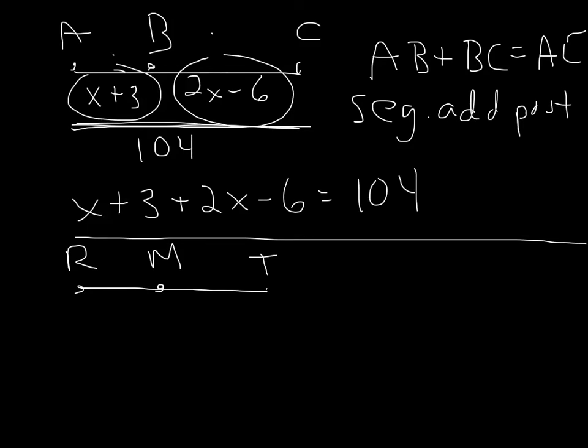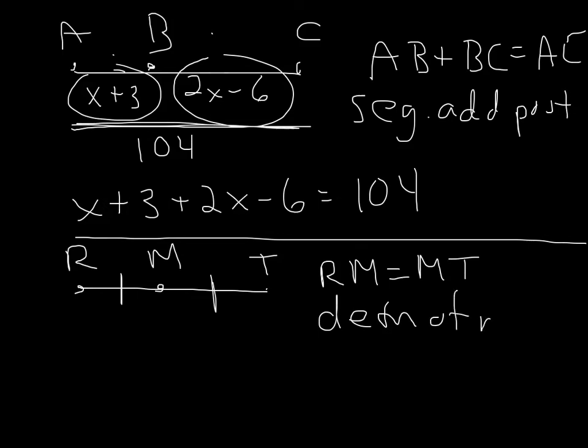So what is a midpoint? Since a midpoint is a point that divides a segment into two equal pieces, you can mark your diagram as little segment RM equals little segment MT, and that's by definition of midpoint.